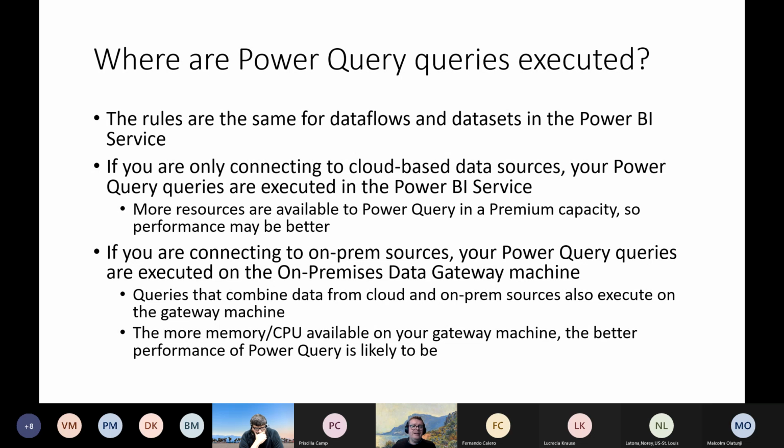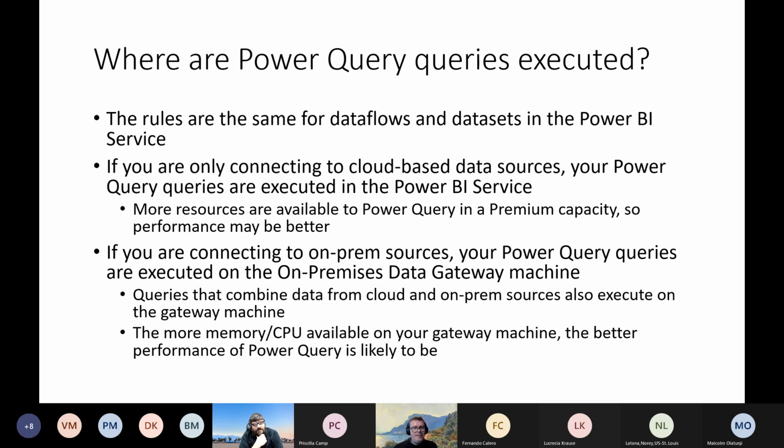The interesting thing to point out, and something that people don't always realize, is that if you're connecting to an on-prem data source, or if one of your queries combines data from an on-prem data source and a cloud data source, then those queries have to go through an on-premises data gateway, which has to run on a server that you own and configure. Now, when you get data from an on-prem data source and do transformations on it, those queries are executed on the on-prem data gateway machine, not in the Power BI service.